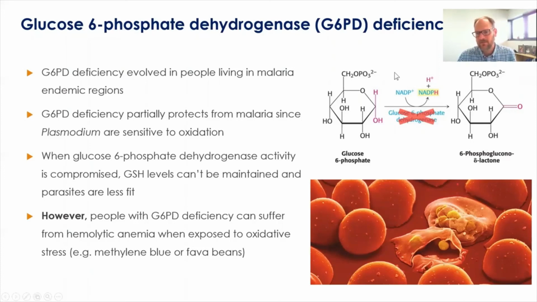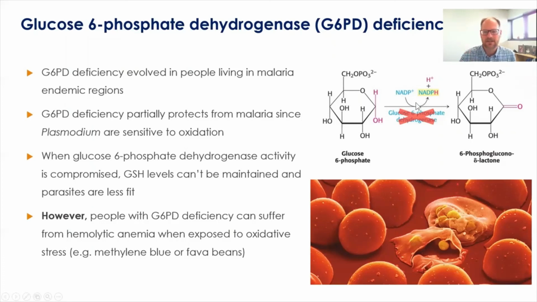This wasn't known until those studies, because without some sort of oxidative load, which can also come from things like fava beans and other kinds of oxidative stresses, this mutation doesn't have much of an outward effect on people. And so this mutation was originally discovered as an adverse reaction to malaria drugs.